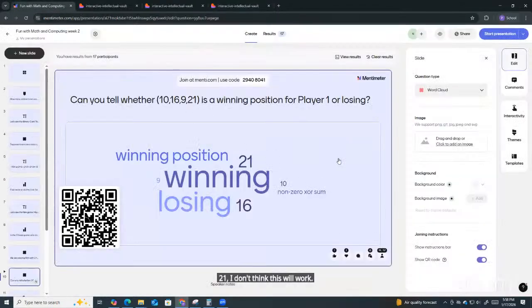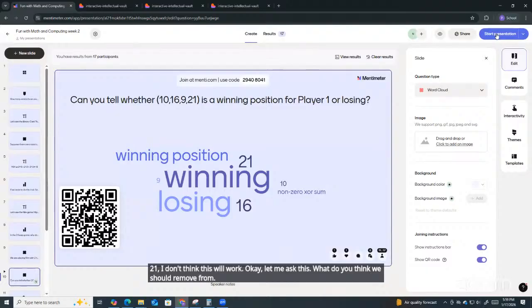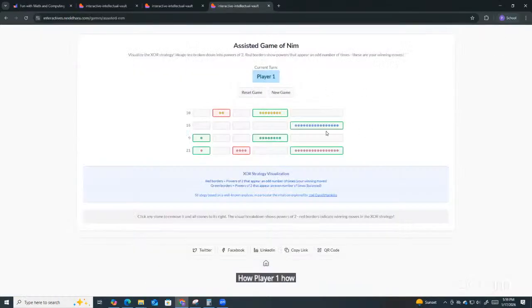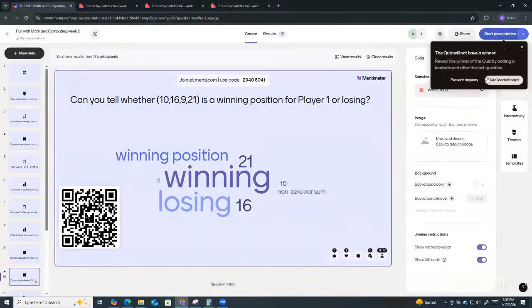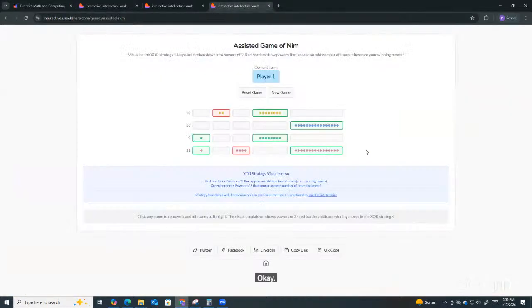Okay, let me ask this. How should player 1 win, and from which building, how many stones should player 1 remove so that this becomes balanced? Okay, you can answer in the Mentimeter.